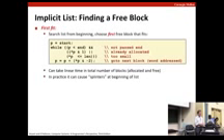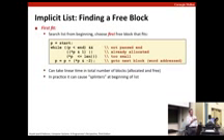Okay, so given this kind of structure, how do we find a free block? There are a number of different ways. The first way, which is called first fit, is to search the free list from the beginning and just look for the first block we can find that satisfies the request. So we're asking for a block of size 10.